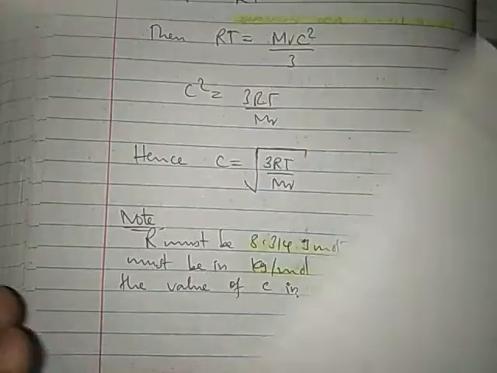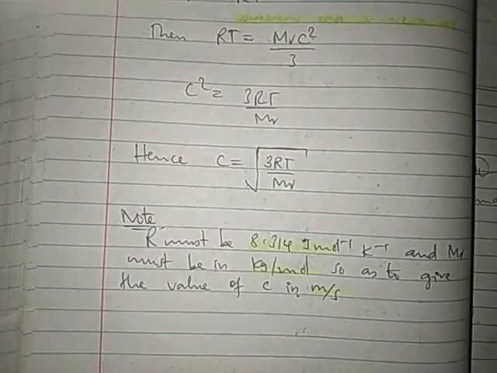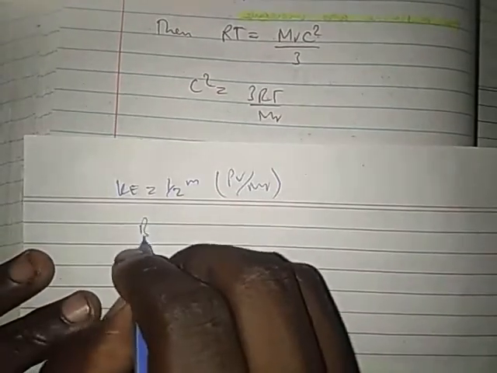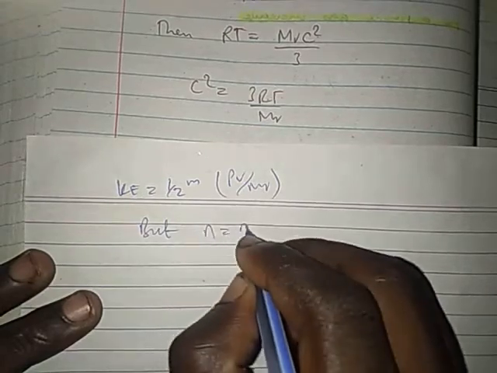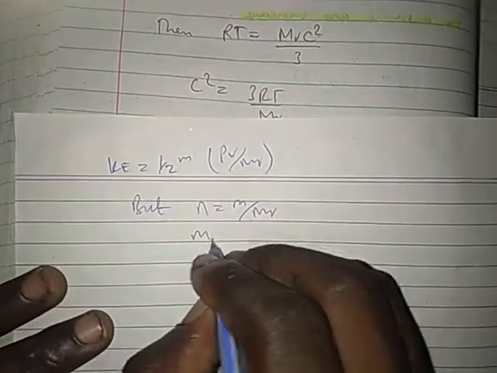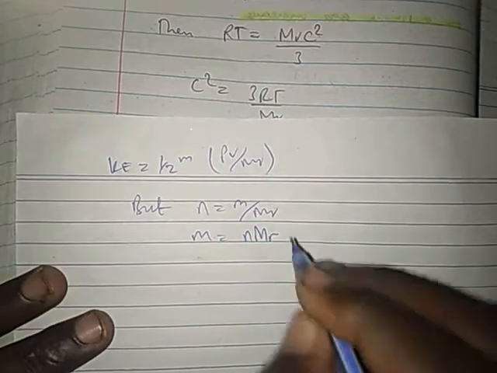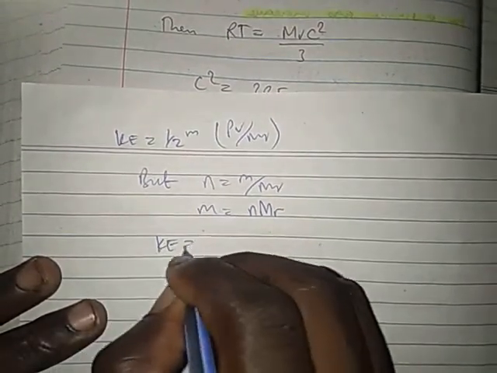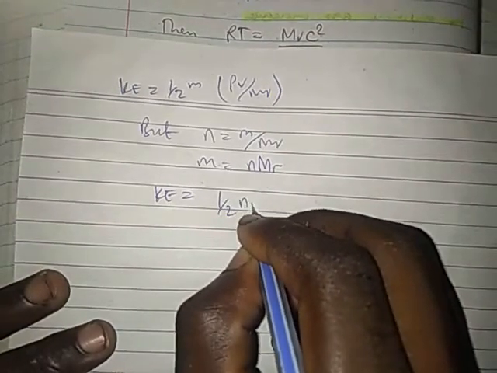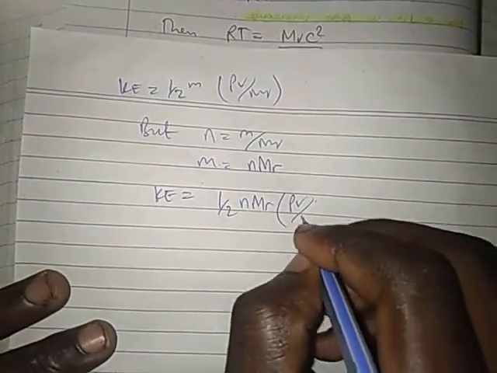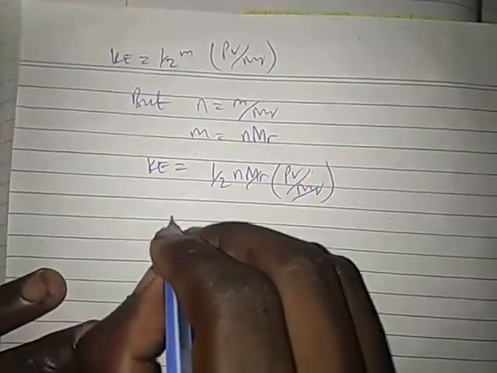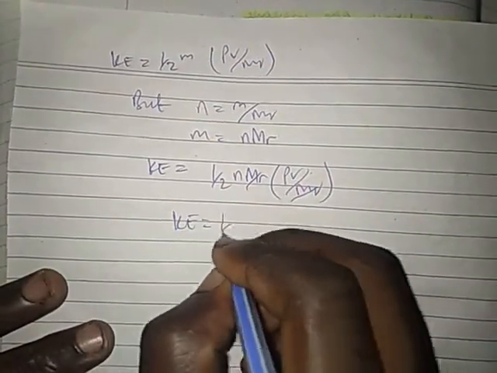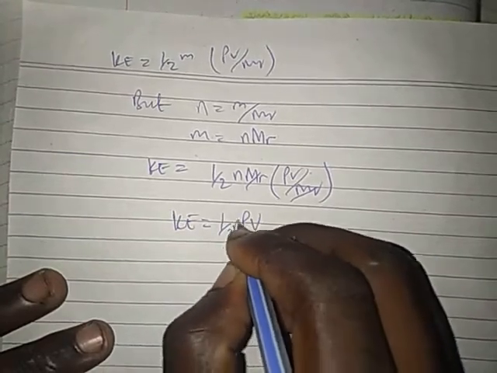From there, kinetic energy is equal to half m PV divided by molar mass. But number of moles is equal to mass divided by molar mass, so mass is number of moles times molar mass. So kinetic energy is half number of moles times molar mass PV divided by molar mass. The molar mass cancels, and kinetic energy remains half PV n PV.